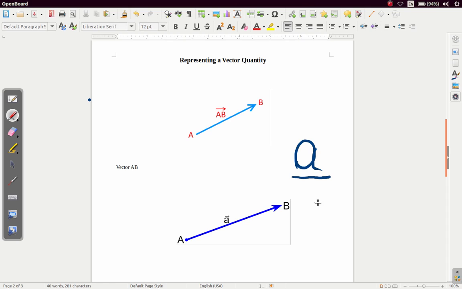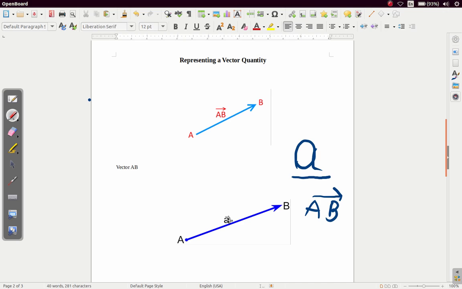And AB, if it's AB that you're using to represent it, you draw the arrow at the top. If it's just A that you're using, then you draw a line below it. Here, this representation shows an arrow at the top. It's not the really conventional way of writing the vector.